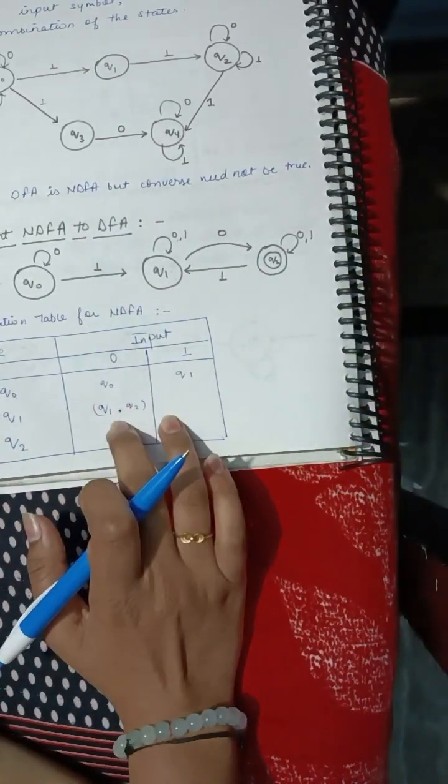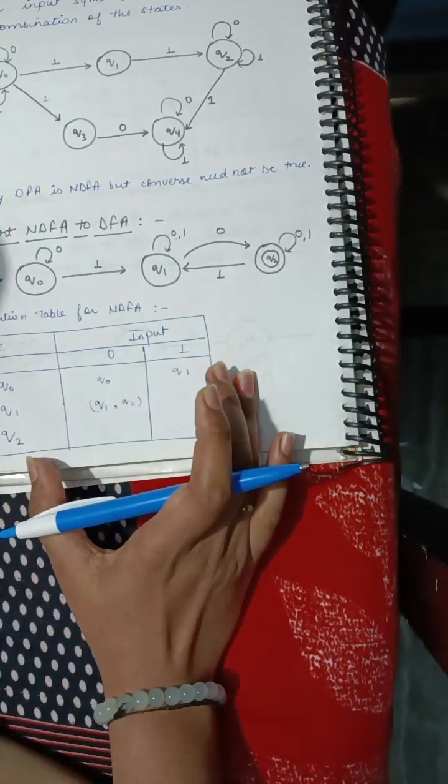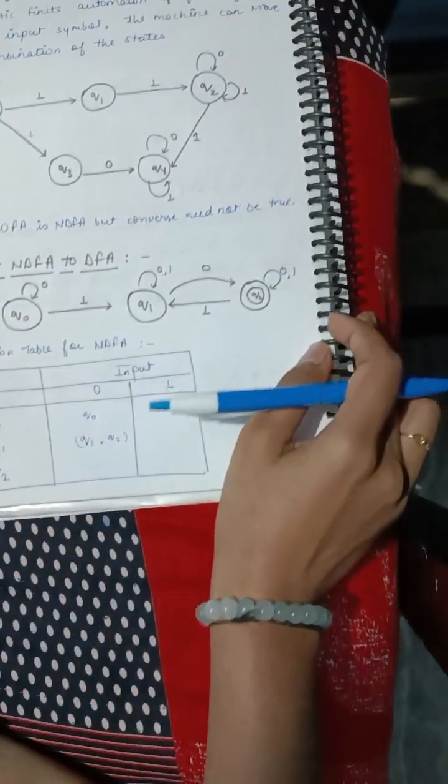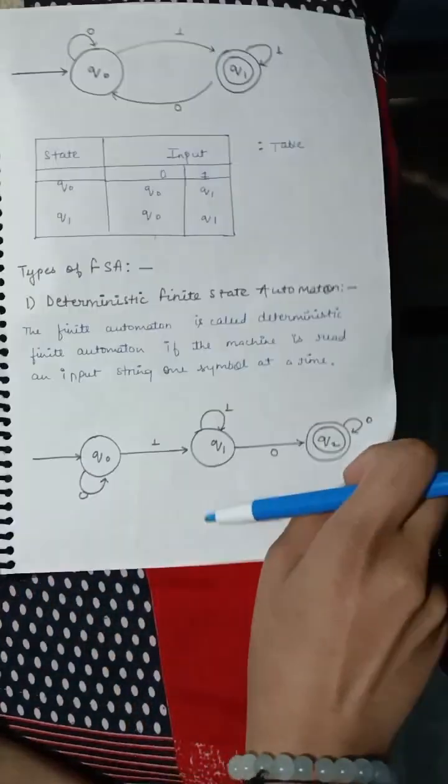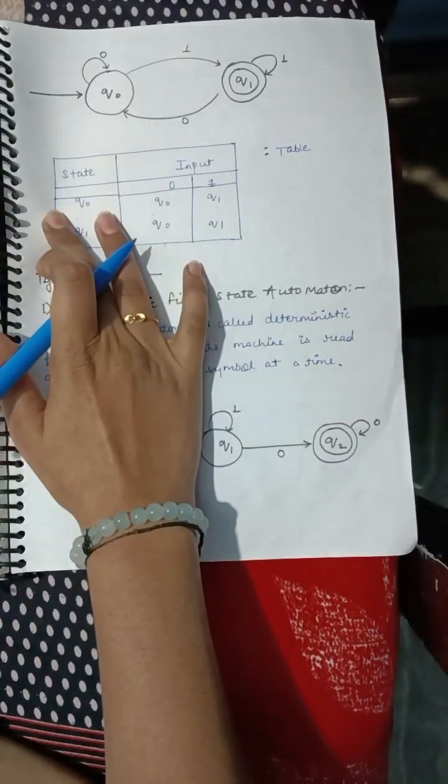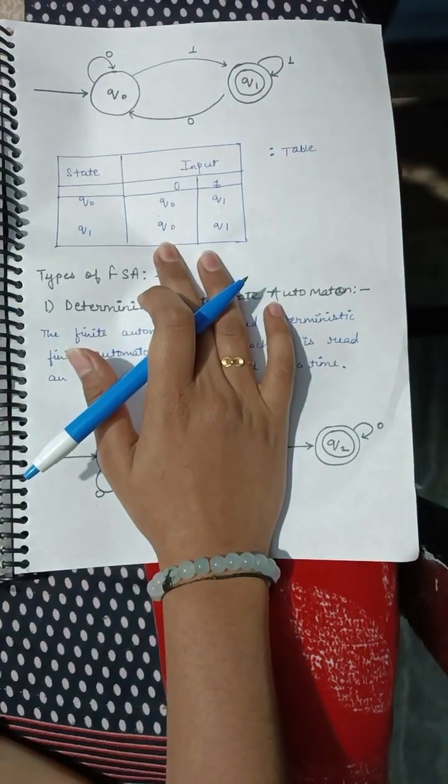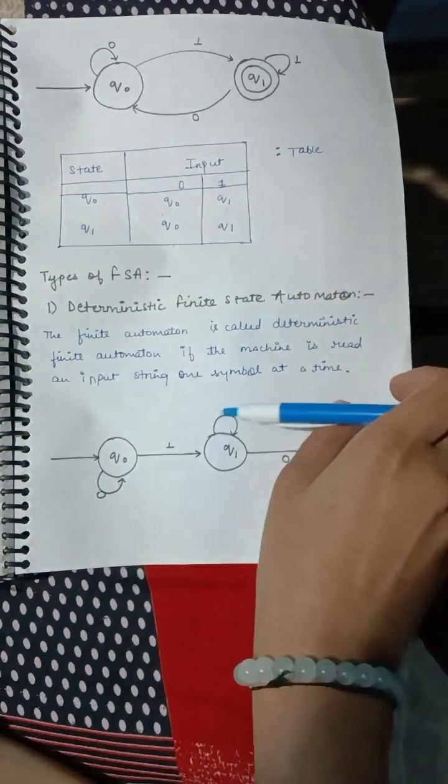So this type of table shows the NDFA automaton, and the table which represents single values shows the finite state automata, FSA.